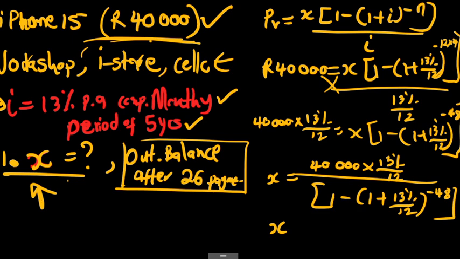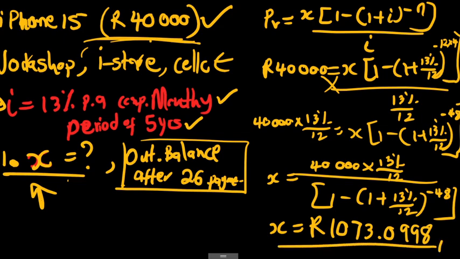Punching this through my calculator, 13% over 12, and then 1 minus (1 plus 13% over 12) to the power of minus 48, I'm getting 1073.0998. So this is the monthly payment that you are required to pay for this loan.